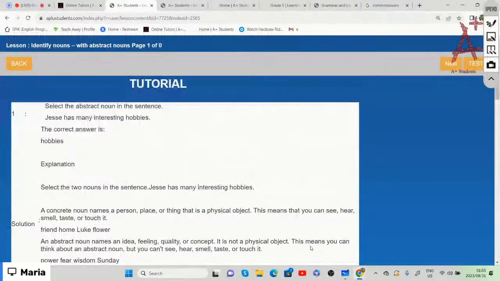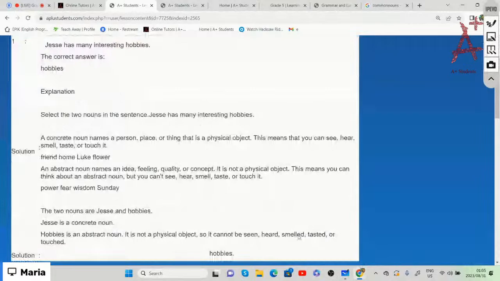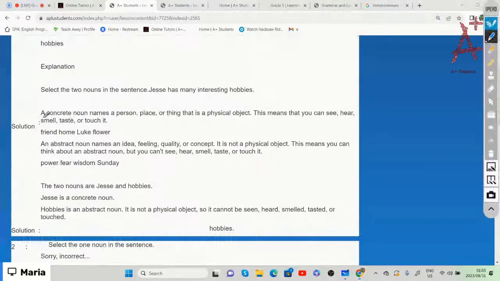Identifying nouns with abstract nouns. And now we have abstract nouns and we have concrete nouns, right? So a concrete noun names a person, a place, or a thing that is a physical object, right?